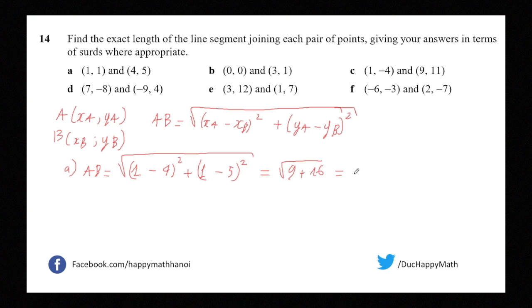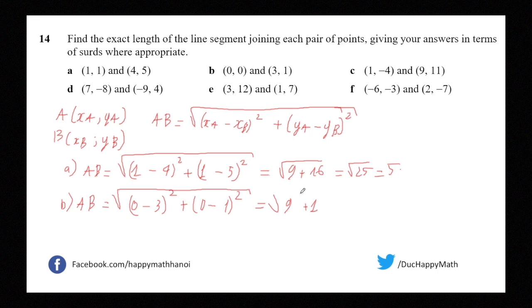The square root of 25 is 5. How about B? AB the same way: (0 minus 3) squared plus (0 minus 1) squared. Take the square root of all: 3 squared is 9, 1 squared is 1, add them together, the square root of 10.